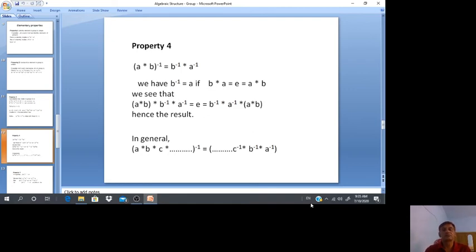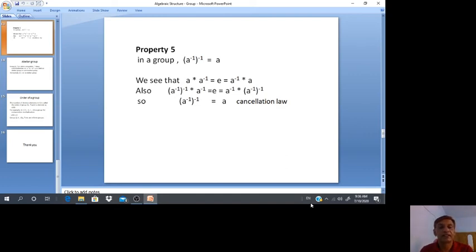So (a * b) * (b⁻¹ * a⁻¹), and after computing this, applying the associative law, we see that it is e, and similarly (b⁻¹ * a⁻¹) * (a * b) is e. This means that (a * b)⁻¹ is b⁻¹ * a⁻¹. In general, (a * b * c)⁻¹ is c⁻¹ * b⁻¹ * a⁻¹.